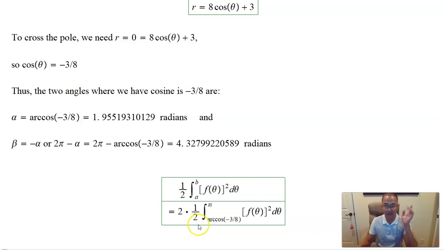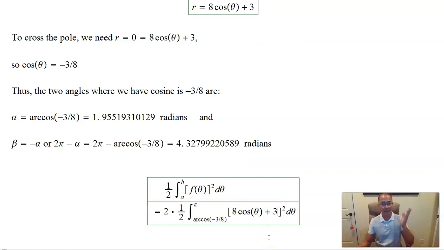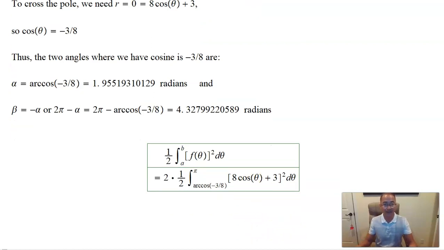Because trust me on this, you don't want to plug in 2 pi minus arccosine -3/8 into whatever antiderivative. That's just crazy. So we are going to square this and integrate. It's going to be a lot like our first example with sine theta, except you get to review our formula for cosine squared. Hint, instead of minus, it's plus.